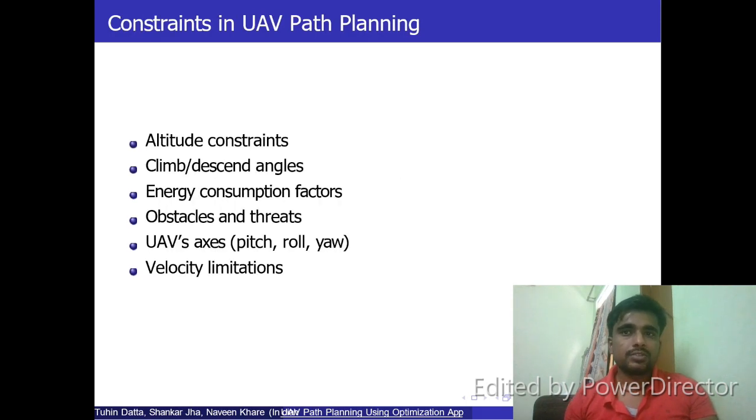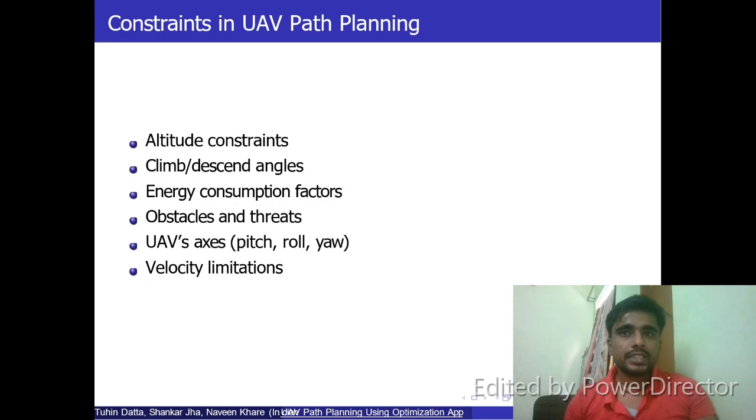Alongside optimization objectives, several constraints significantly impact the planning process. First, flight altitude directly affects safety and energy consumption, as lower altitudes increase collision probability, while higher altitudes demand more energy. Climb and descent angles are critical for takeoffs, landing, and altitude transitions, influencing energy consumption, particularly for fixed-wing UAVs.